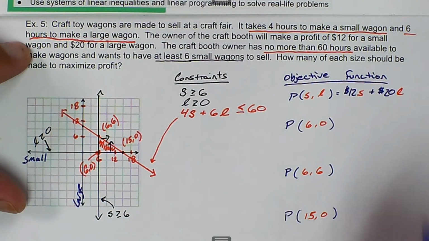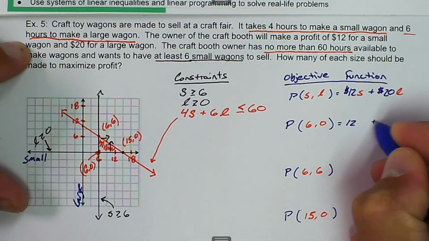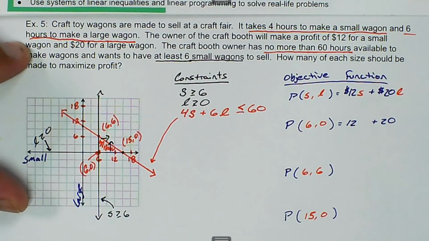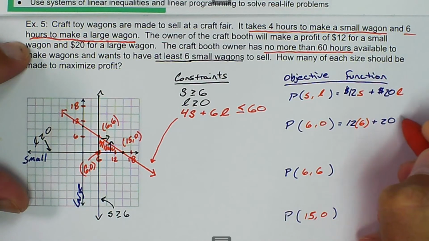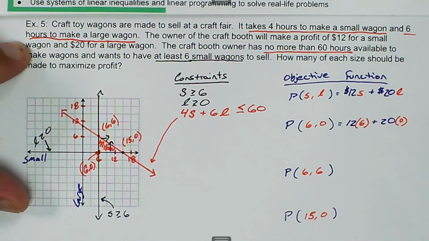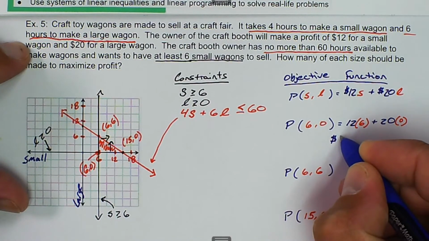So we can substitute those in. So 12, and then we can substitute in our values, which are 6 and 0, and 6 times 12 is 72. So our profit for selling 6 small wagons is $72.